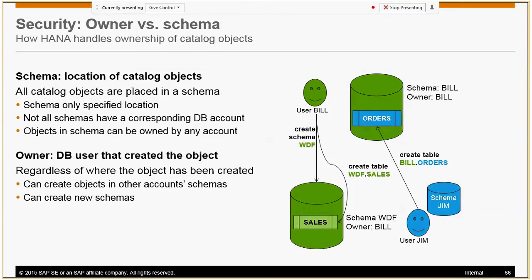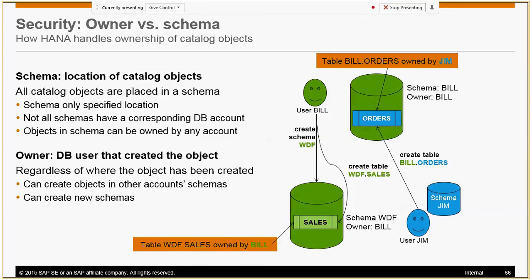For example, we have seen before that there is a security concept related to object ownership in the catalog directly. So if a user creates whatever object in the catalog directly, like in this case, this user created a table here, this other user created a schema and then a table inside the schema.